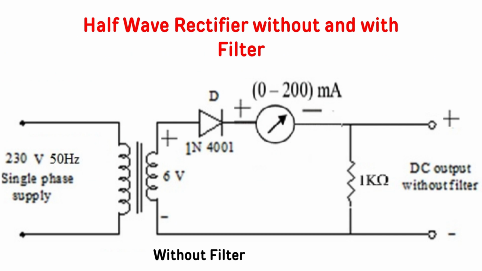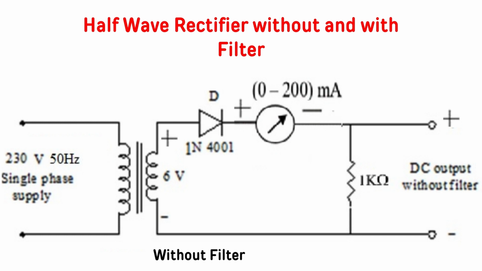Half wave rectifier without and with filter. Now the circuit shown is a step down transformer, where the input is 230 volts 50 Hz single phase supply, which is stepped down to 6 volts AC.